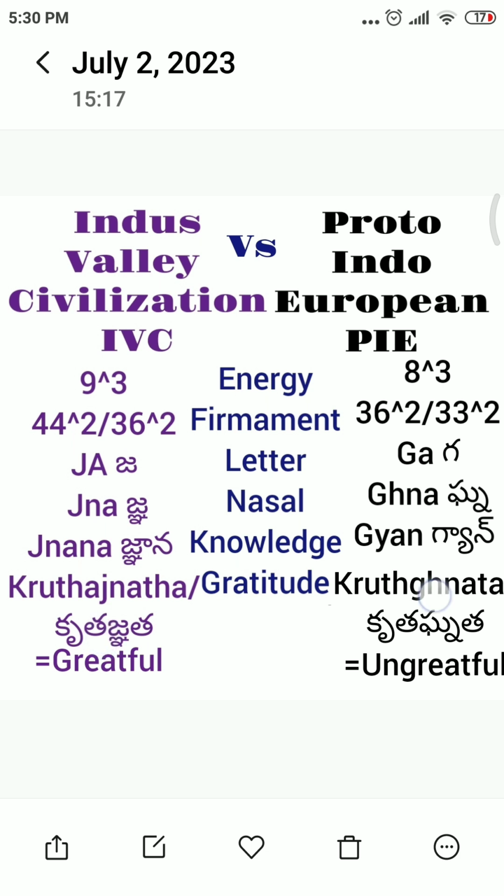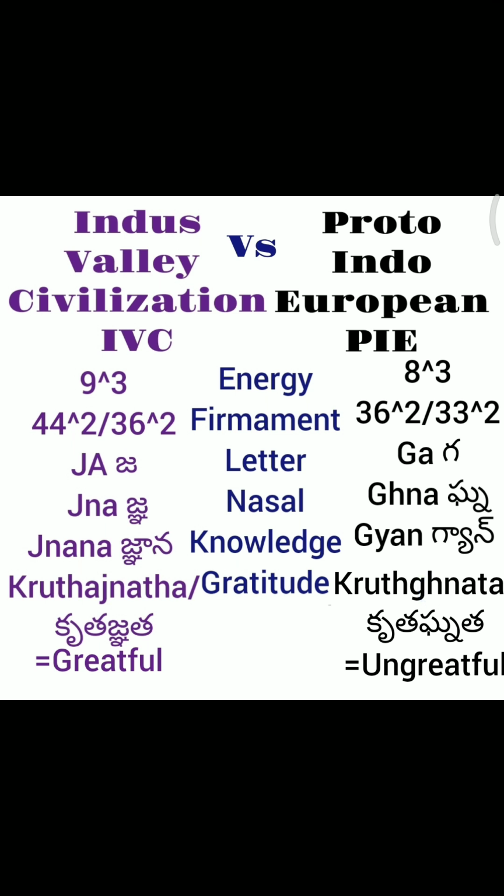And that Vritrasura was killed by Indra. So Indra's name was Vritragna. Gna means one who killed. There's another word for the same thing, Han, H-A-N, Hana. Hana or Hanana also is killing.